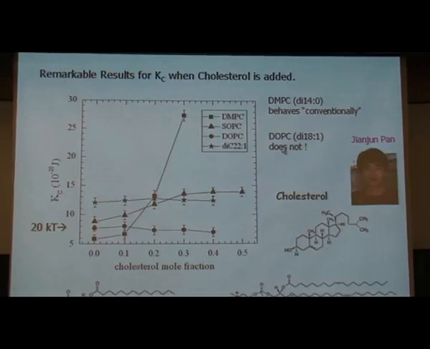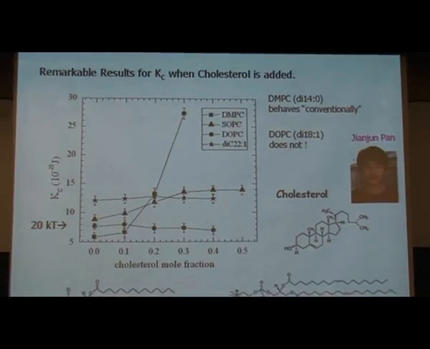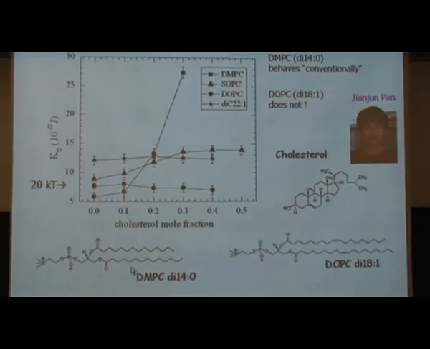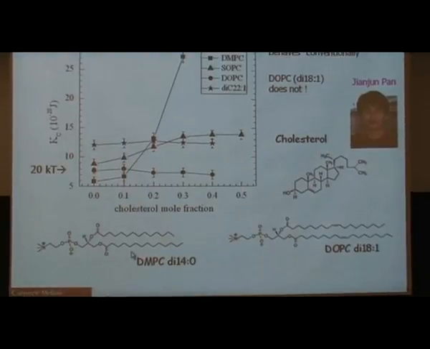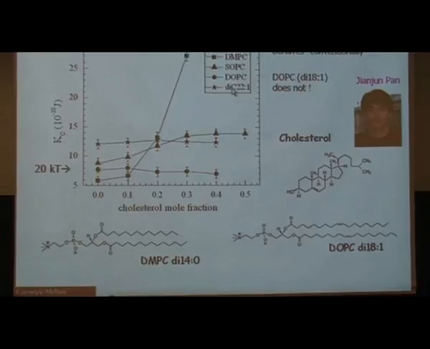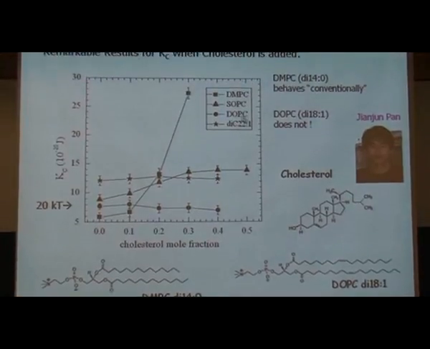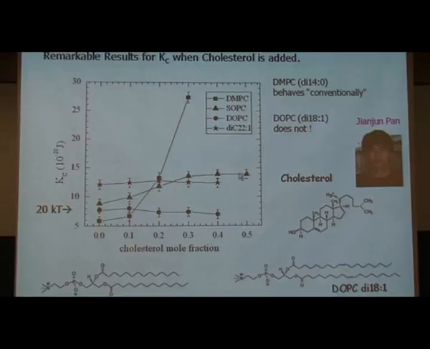Why did that happen? By the way, this is my graduate student who is the first author on these papers. Let's see, what else do I have here? I'm just reminding you what the molecules look like, in case you've forgotten already. The second point is, if I go to a longer lipid with 22 carbons, which also has unsaturated double bonds, it also stays constant.